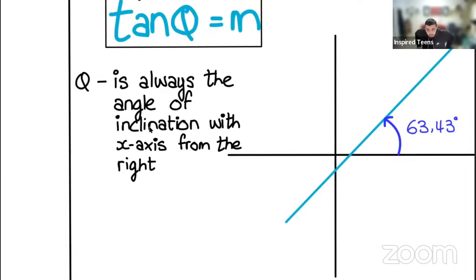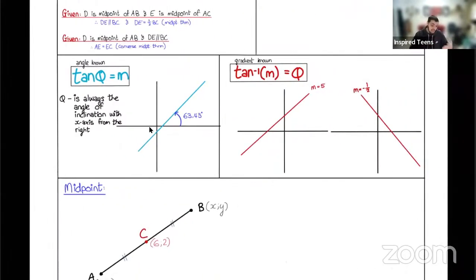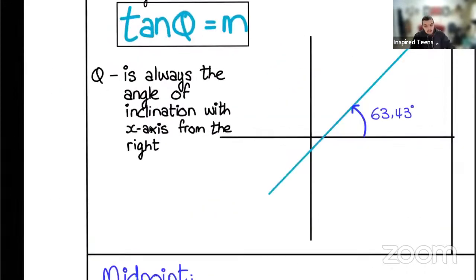Theta, the angle that we work with, is always the angle of inclination. Whether we're getting the angle or the gradient, the theta we are working with is always the angle of inclination with the x-axis from the right-hand side.